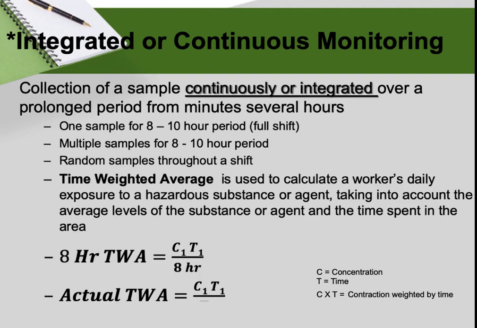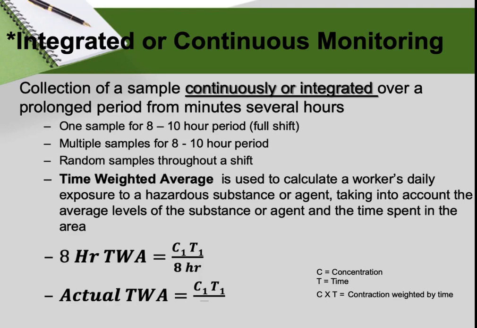It should be noted that most occupational exposure limits assume an 8-hour work shift, and so they like us to sample over an 8-hour period so we can take a look at a worker's average exposure, or their time-weighted average exposure. This is used to calculate a worker's daily exposure to hazardous substances or agents, taking into account the average level of a substance and the time spent in that area.